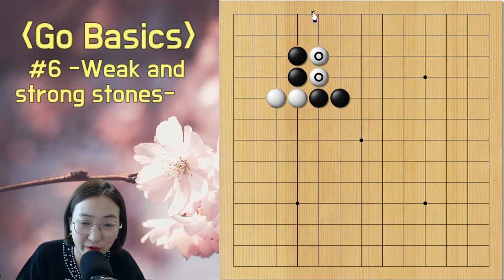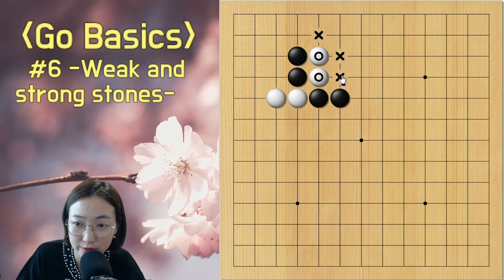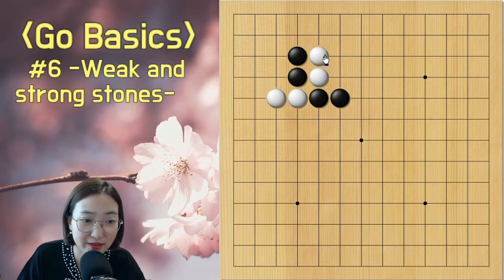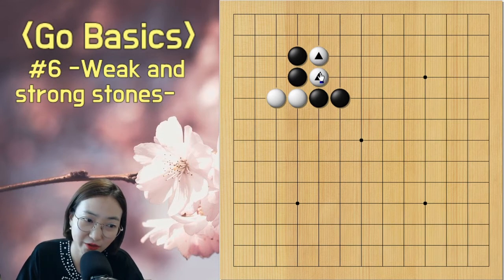The white stones here have 1, 2, 3 liberties, and the white ones here have 1, 2, 3, 4 liberties. These over here have more space. So you can see that the former is comparatively weaker than the latter.